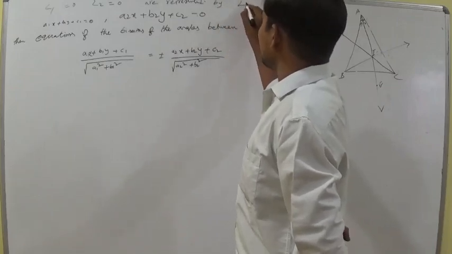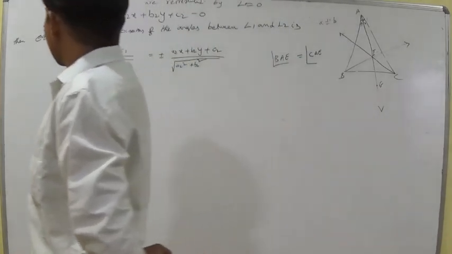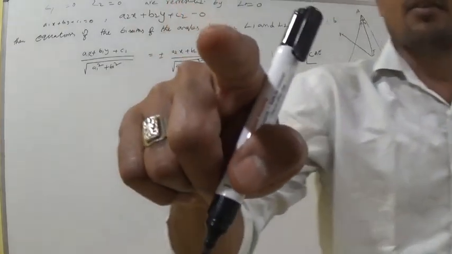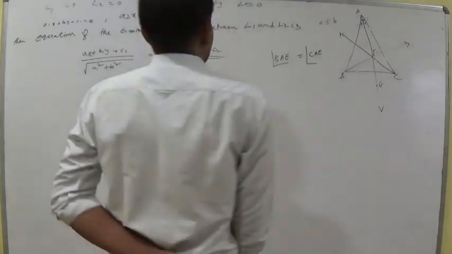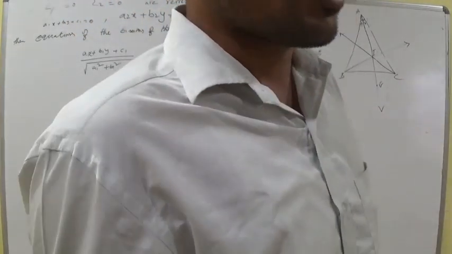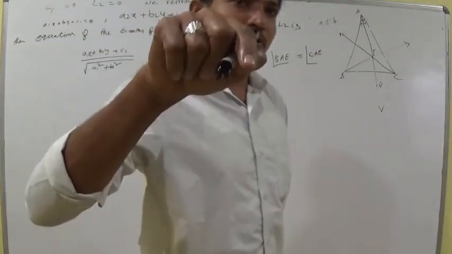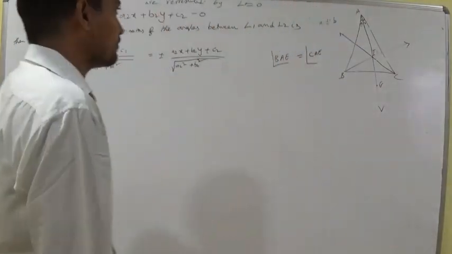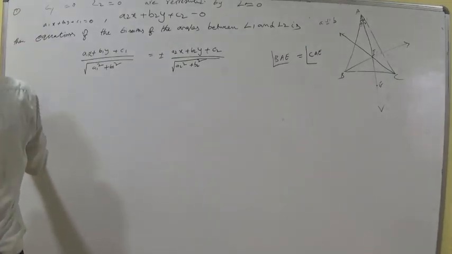Then the equations of the bisectors of the angles between L1 equal to 0 and L2 is equal to 0 is (A1x plus B1y plus C1) by square root of A1 square plus B1 square equal to plus or minus (A2x plus B2y plus C2) by square root of A2 square plus B2 square. This is the first one.